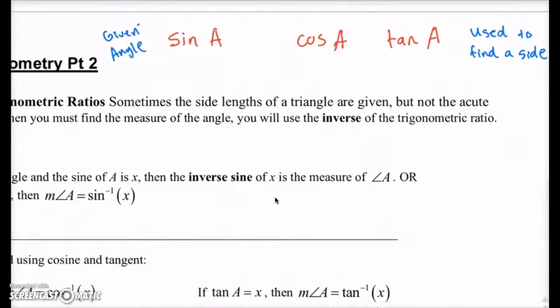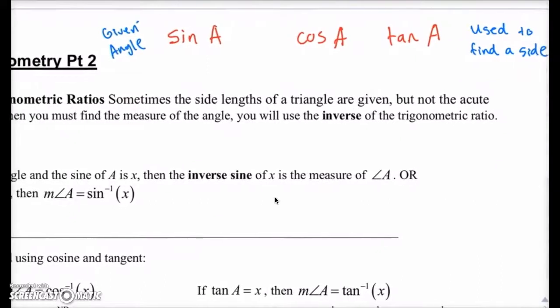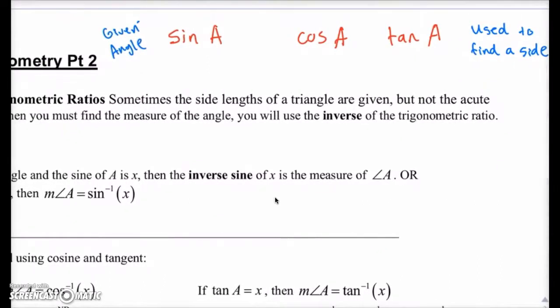Let me zoom in here. Okay, so yesterday we were given an angle, and usually it equals some ratio, whether the ratio was opposite over hypotenuse or some other ratio, adjacent over hypotenuse. So we're given an angle and we use it to find a side.